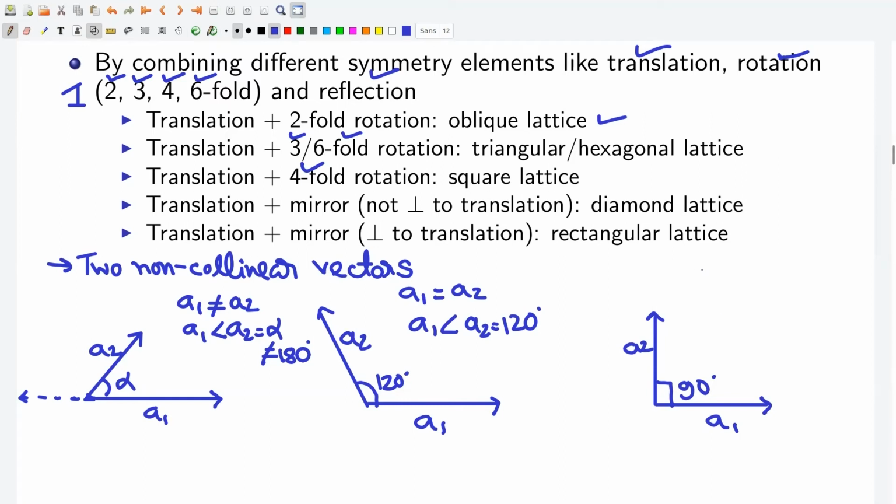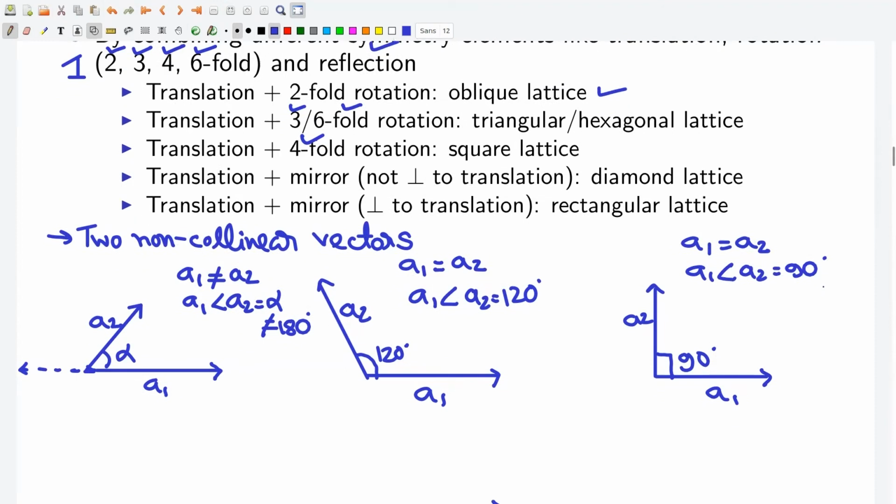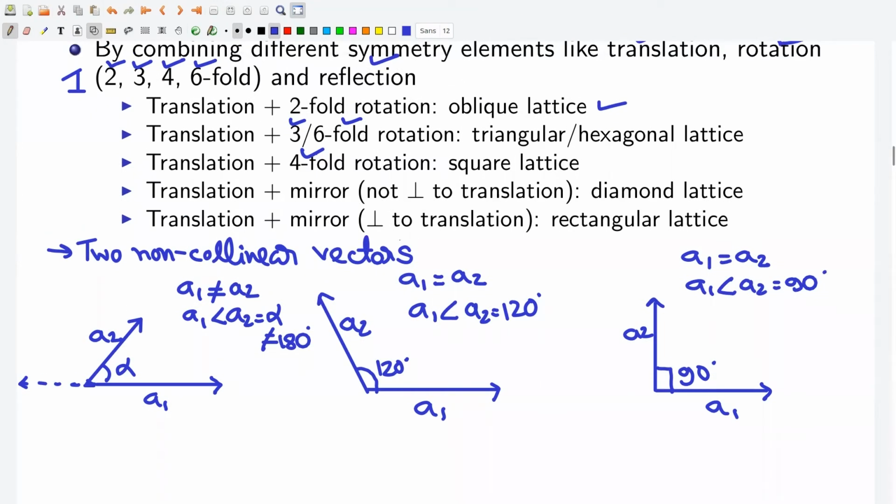So the lattice vectors are related by the magnitude of A1 equals the magnitude of A2, and the angle is 90 degrees. Now we have exhausted all possible combinations of translation and rotation.